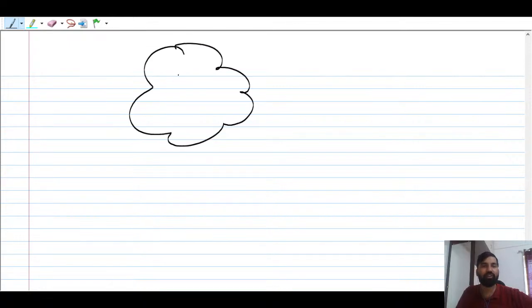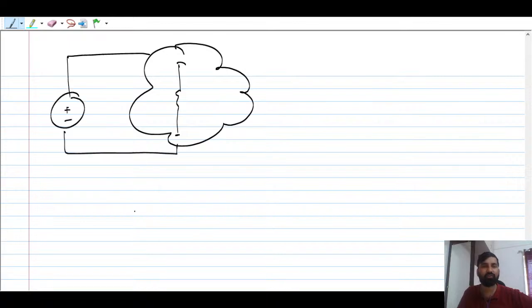Understood? So suppose we have got a black box and the black box contains only resistors, and there is a voltage source connected to this black box network.